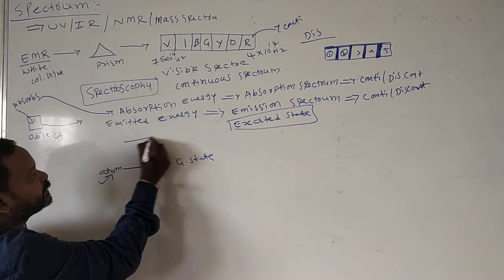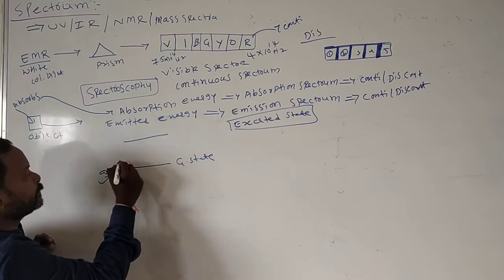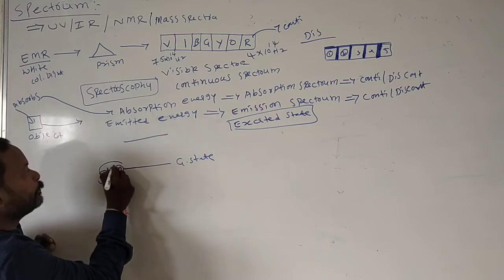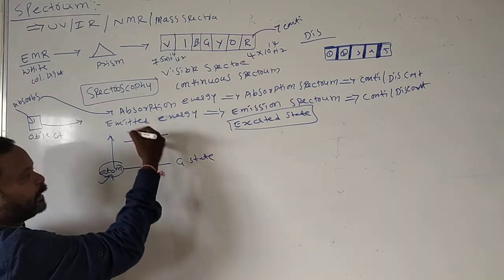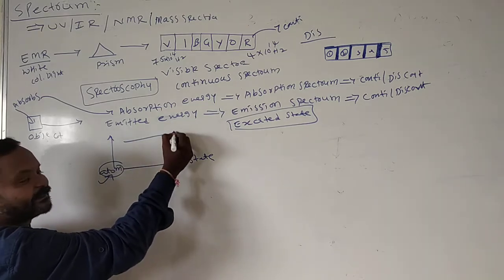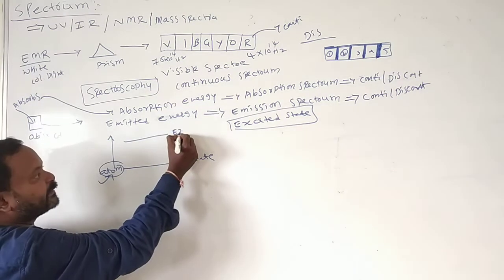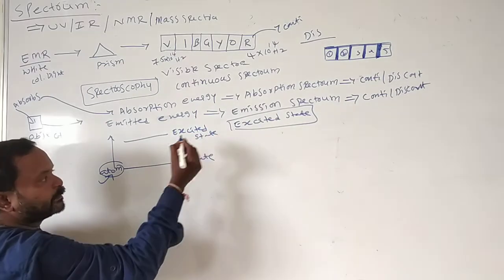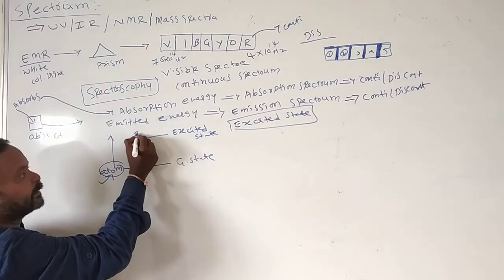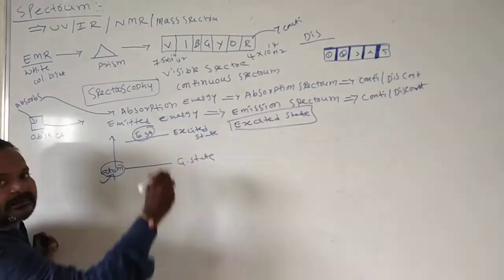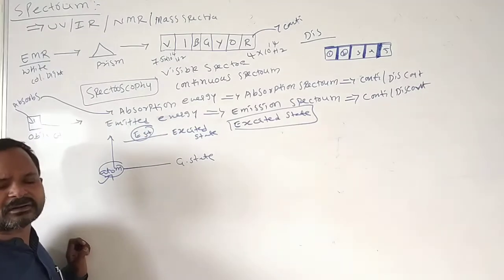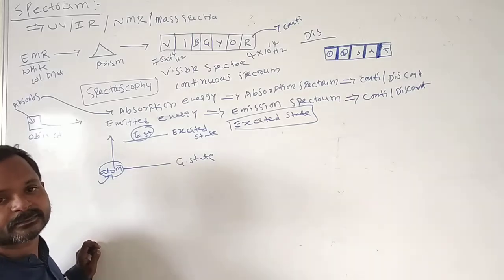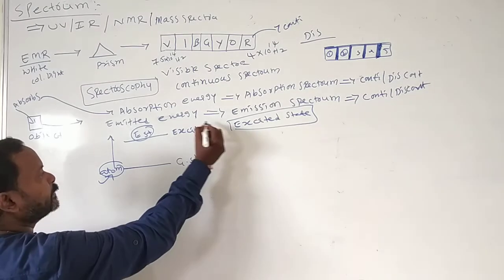When it absorbs energy, it moves towards another state, a high energy level state. That high energy level state we call excited state. Here in the excited state, all atoms, electrons, molecules or anything is unstable.